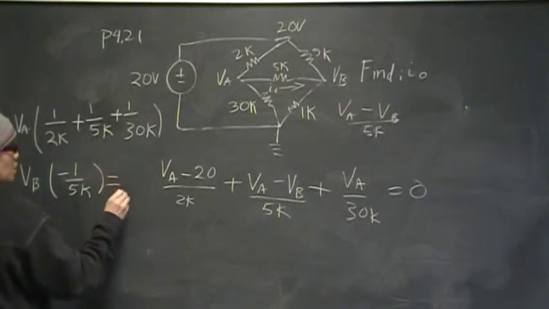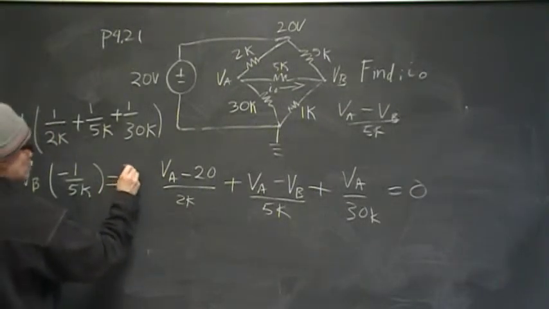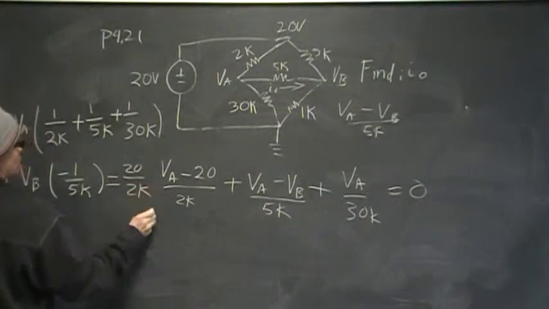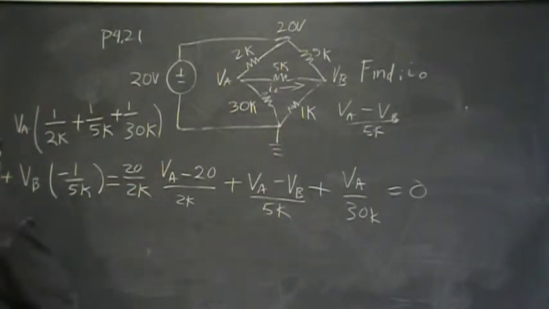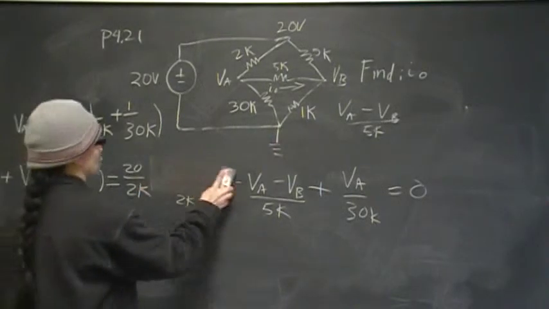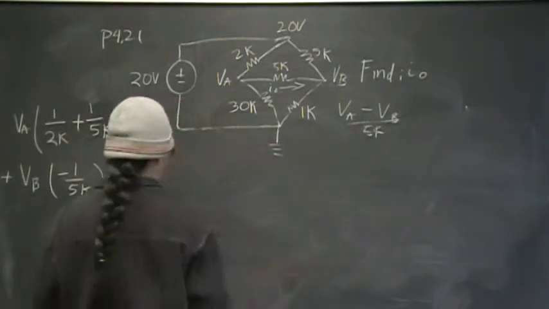That's all got to equal 20 over 2K. Again, I let my calculator do all the hard work. So that is equation number 1 that I need for my simultaneous equation solver.